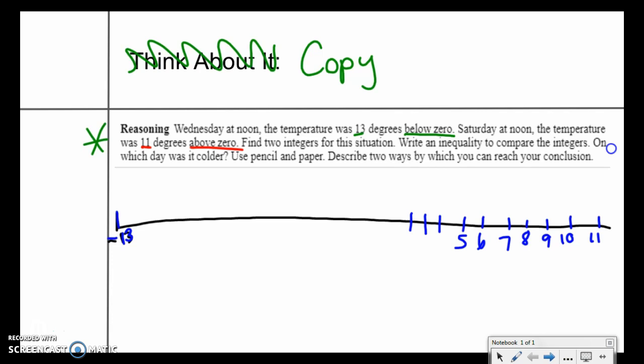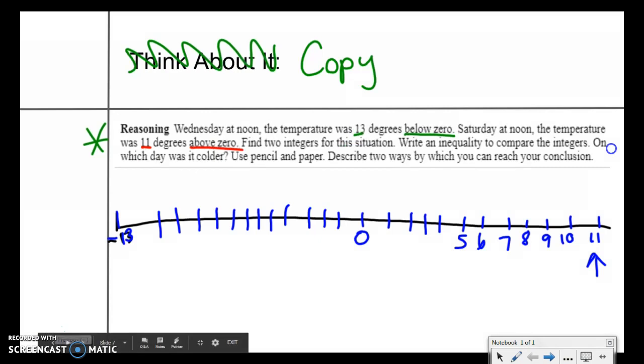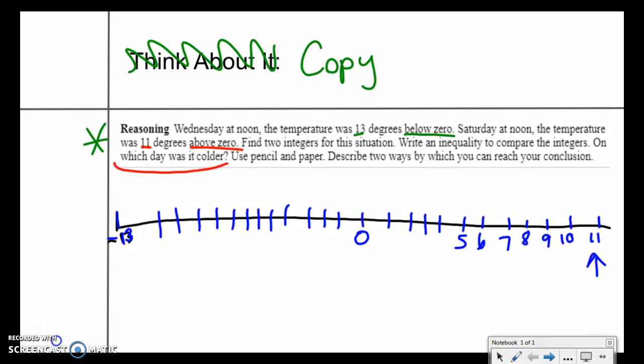5, 4, 3, 2, 1, 0, 1, 2, 3, 4, 5, 6, 7, 8, 9, 10, 11, 12, 13. Okay, it's a little bit off, but we get it. So, according to our number line, and according to our question here, we're looking for the number that is colder, okay?